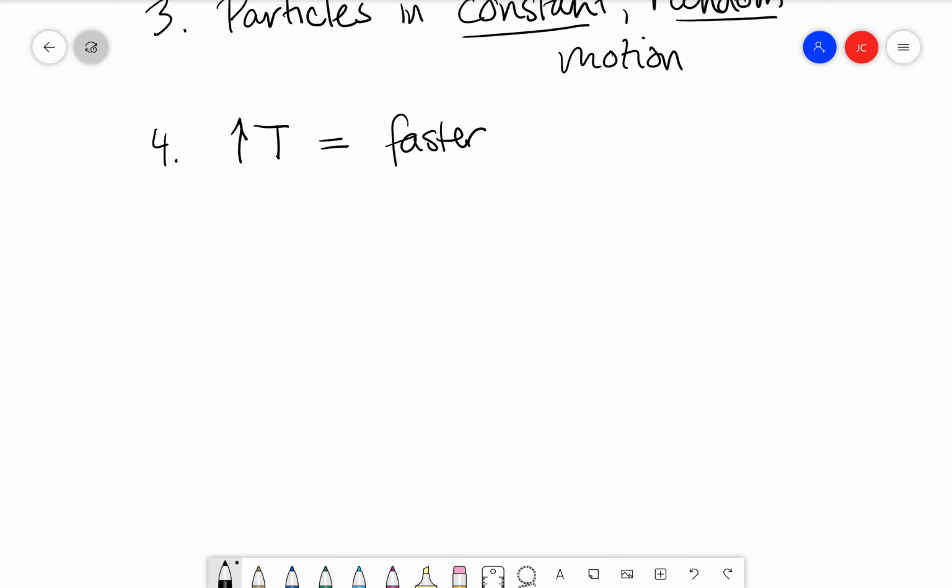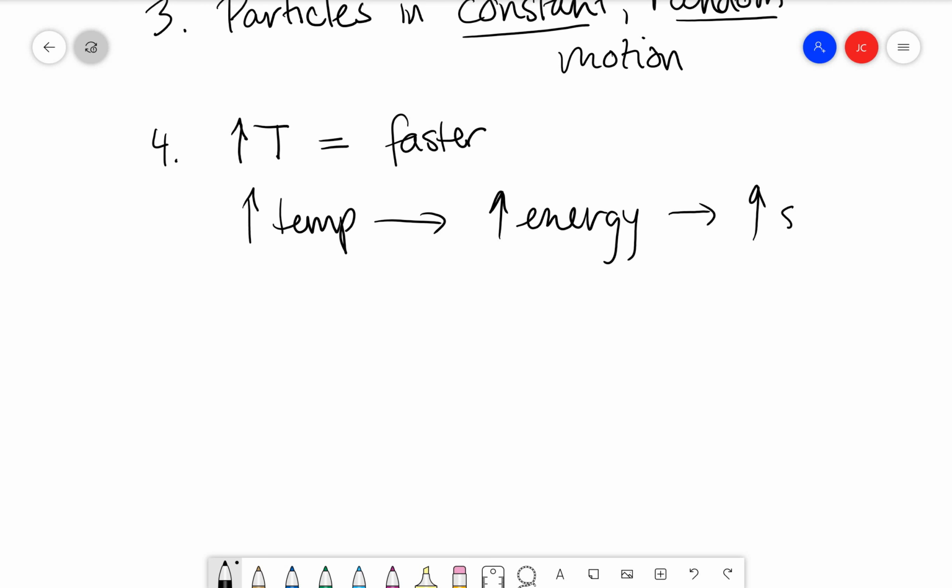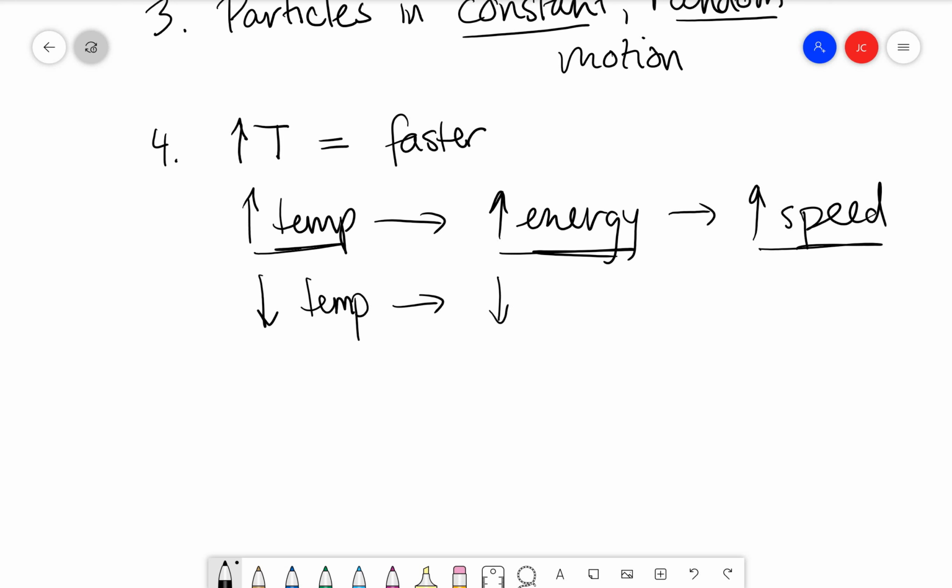The reason for this is higher temperature means more energy, means more speed. These things are all correlated. Higher temperature means more energy, means more speed. Consequently, lower temperature means less energy, means less speed.